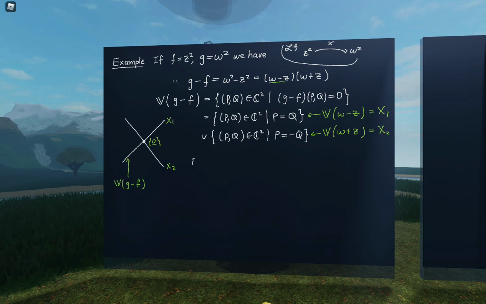So the closed subsets x1, x2, and the origin are all one morphisms from z squared to w squared in LG.